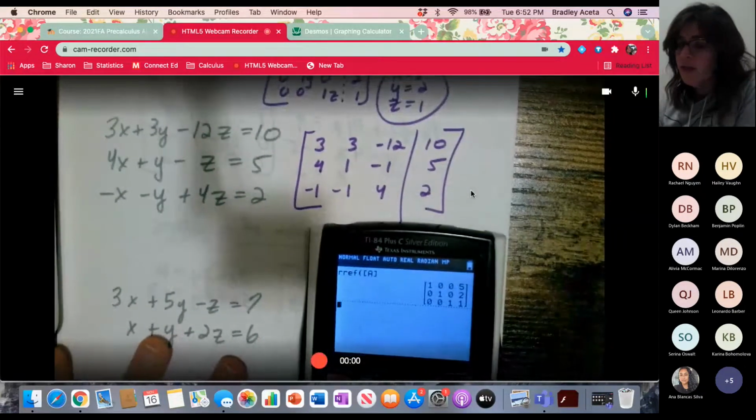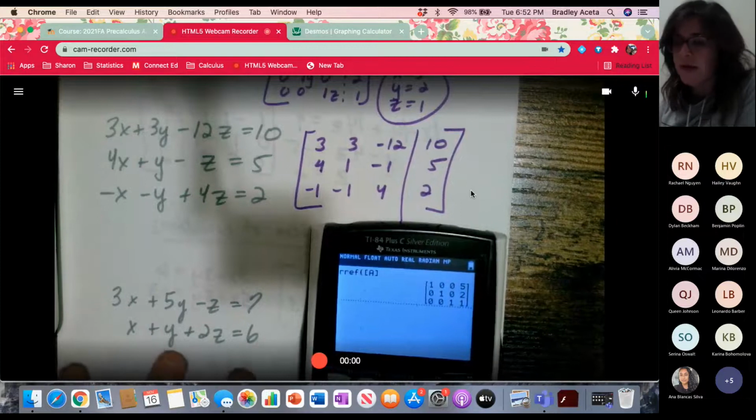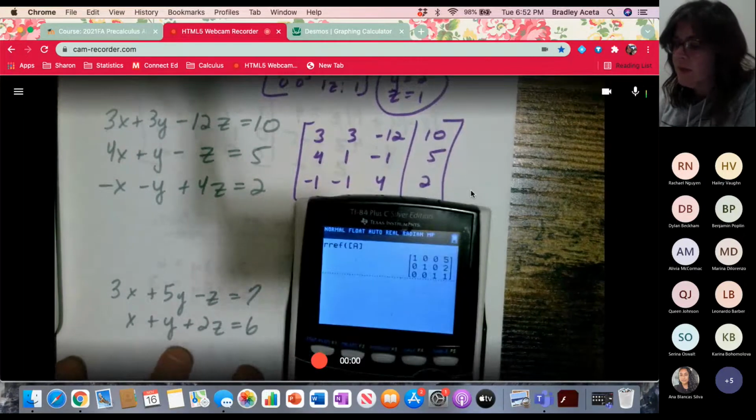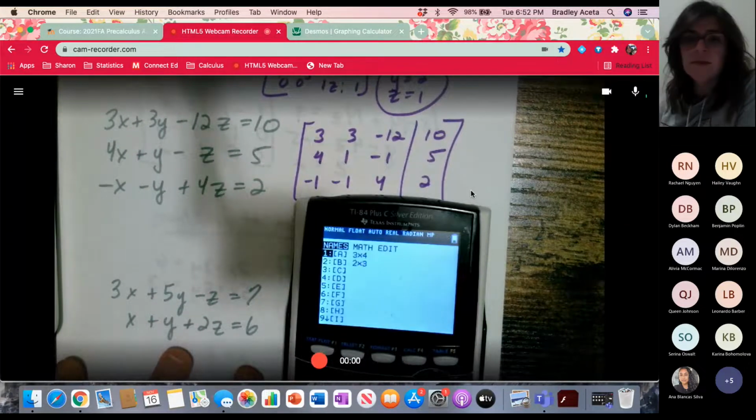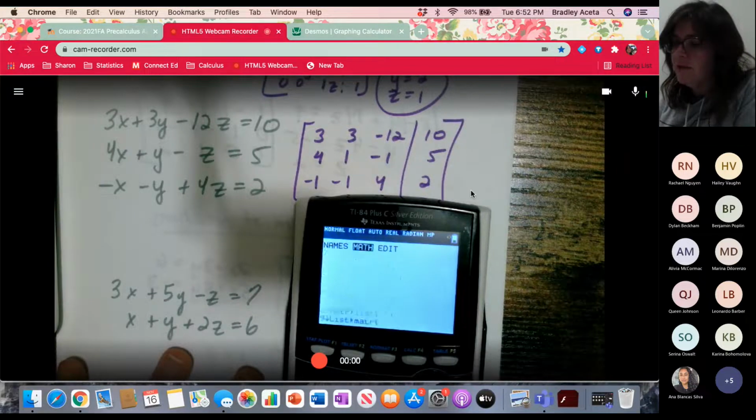You have to edit matrix, and usually since A is already a 3 by 4, I'm going to go back into A. So hit second matrix and edit A. And then it's still a 3 by 4, but you just have to change these numbers now.